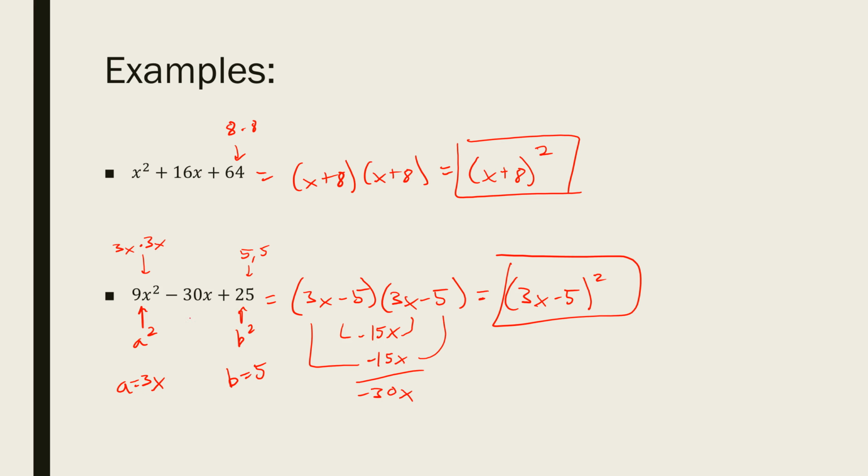And if you notice this middle term happens to be 2 times a times b, like a times b is 15x, and then times 2 is -30. But I just feel like that's too complicated to memorize. Just if you see perfect squares on either end, try to do those first. Oftentimes it'll end up being a perfect square trinomial. Not always. Like, yeah, it won't always work out this perfectly, but it did in these cases.